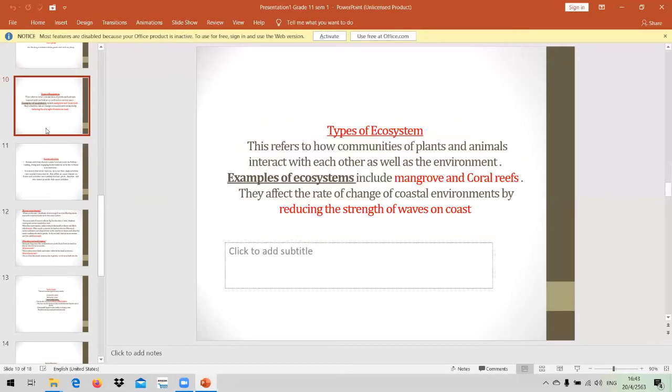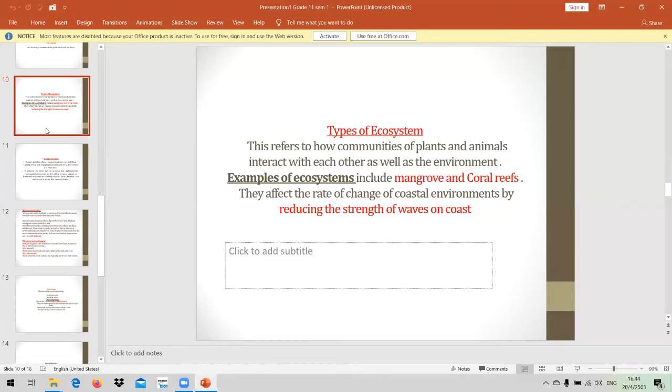Next, types of ecosystem. Ecosystem refers to how communities of plants and animals interact with each other, as well as the environment. In other words, how do plants benefit from animals, and how do animals benefit from plants within the environment, within their surrounding, is what we are referring to as ecosystem.